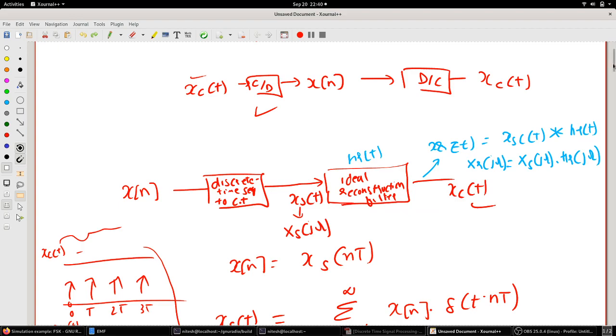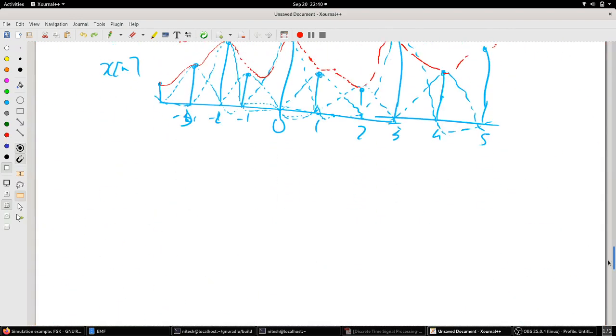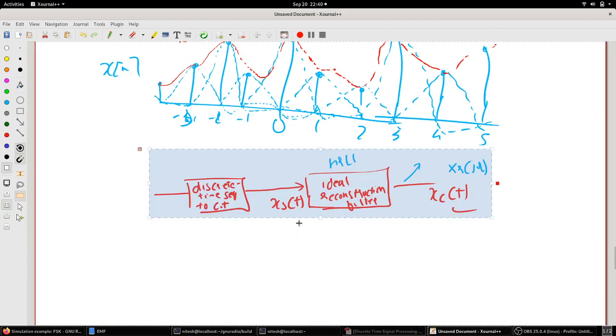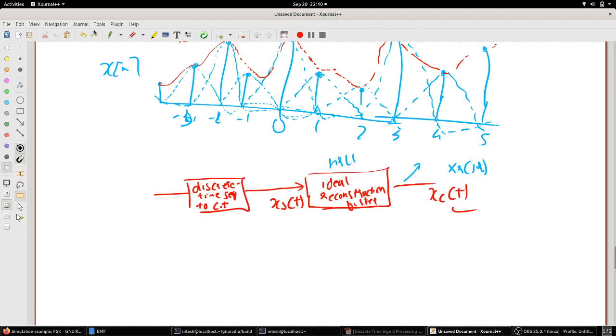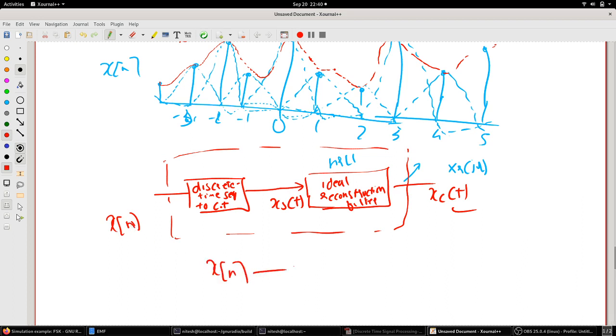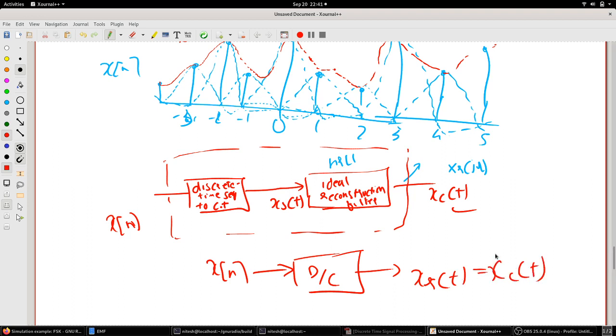It has an ideal reconstruction filter. x[n] is the input, it goes to the D to C converter, and you get your reconstructed output, which is the same as x_c(t).